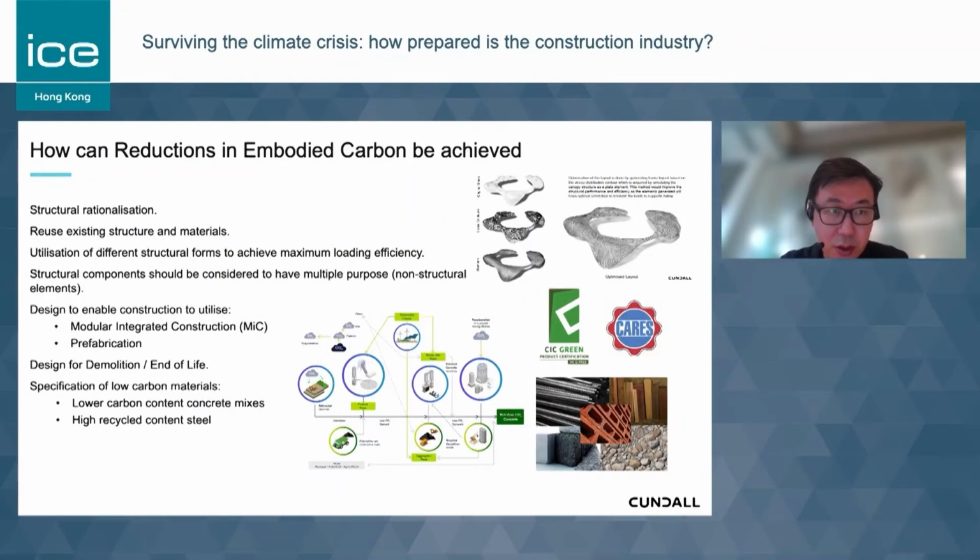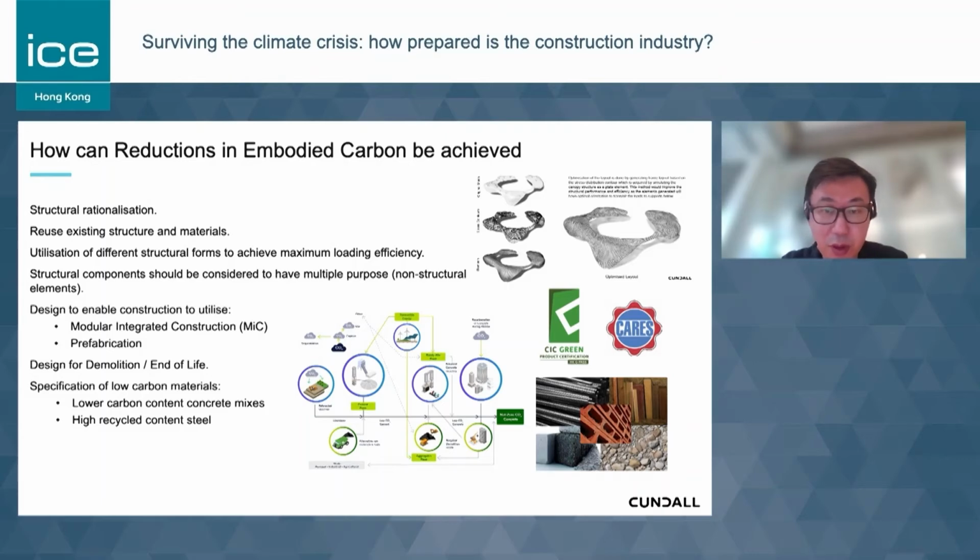So how do we do this? Normally we rationalize the structure and make it more efficient. We try to reduce the material usage, improve the structural utilization, and some structural components should be considered for multiple purposes. Then you can save material as well. Then design for reuse, minimize wastage, and also design for demolition towards end of life.